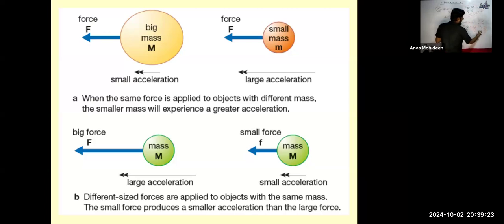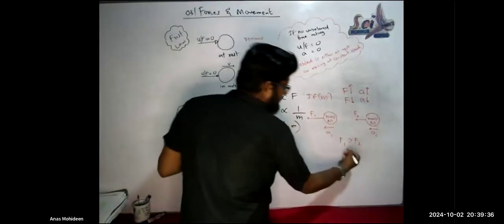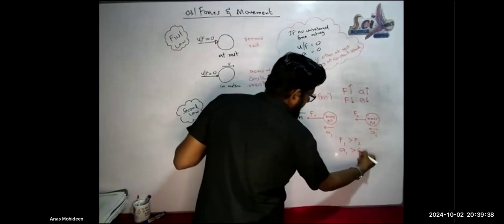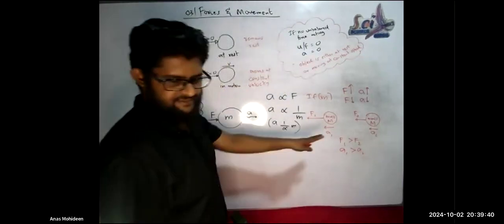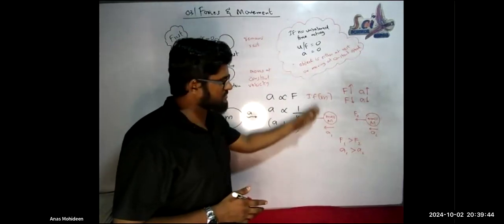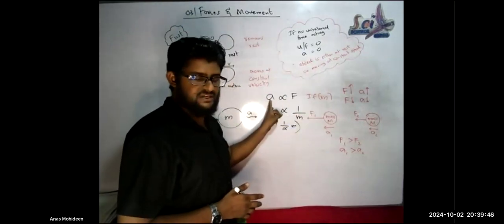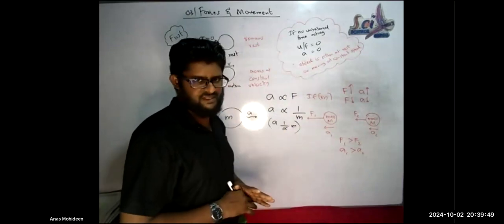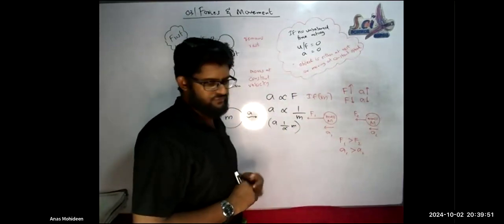So I'm saying here F1 is more than F2. You can see F1 is longer, F2 is shorter. It is indicating F1 is more here. So as F1 is more, acceleration 1 should be more than acceleration 2. Is that clear? So this goes with the first part: acceleration is directly proportional to force.